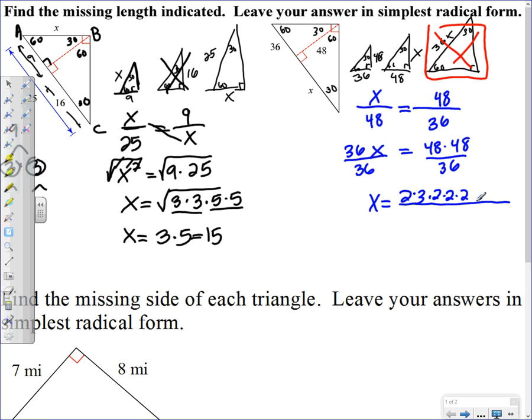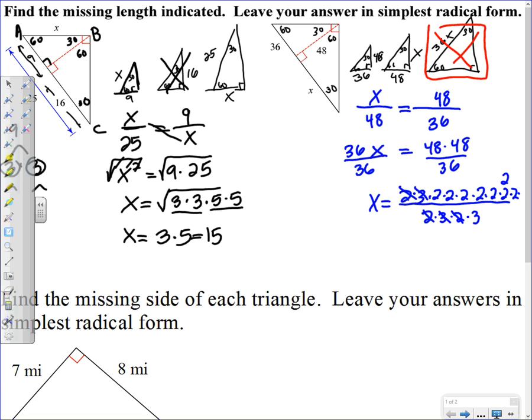Repeat the same numbers: 2 times 3, and then 2 times 2 times 2. On the bottom is 36, which is 6 times 6, so 2 times 3 and 2 times 3. Now if you have that same number on top and on the bottom, you can cancel it. I can cancel a 2. I can cancel a 3.